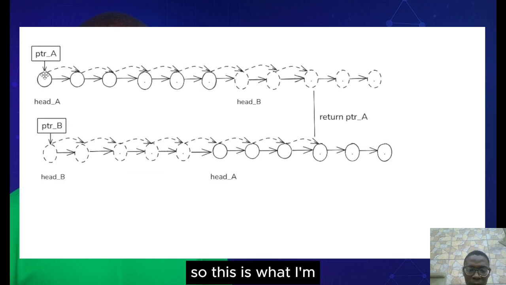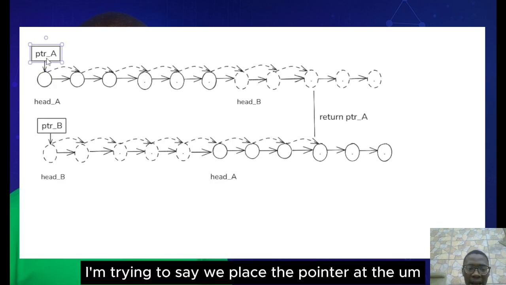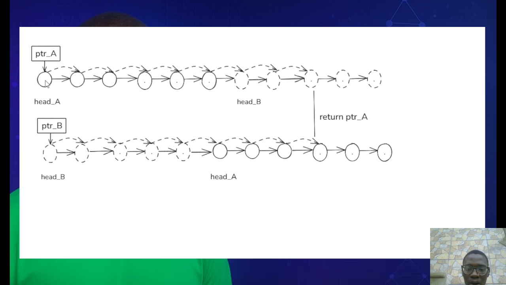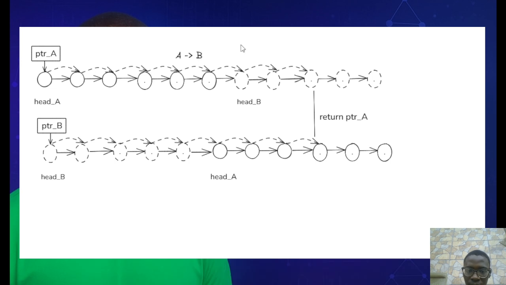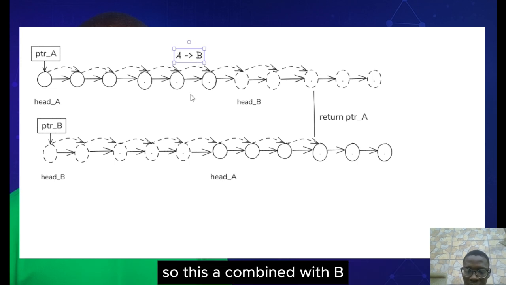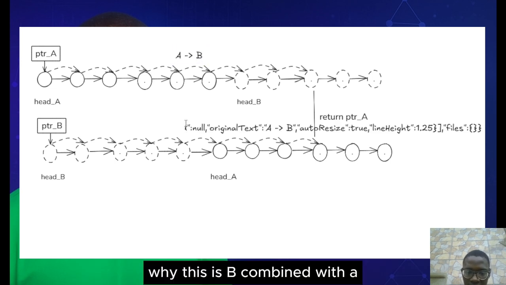So this is what I'm trying to say. We place a pointer at the combined list, this one is A combined with B, while this is B combined with A.